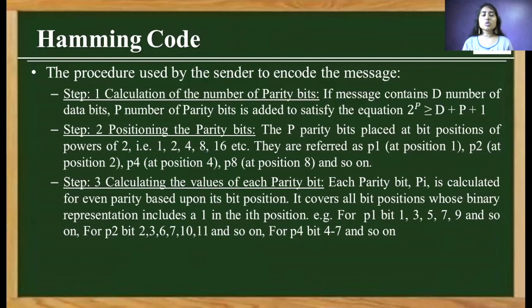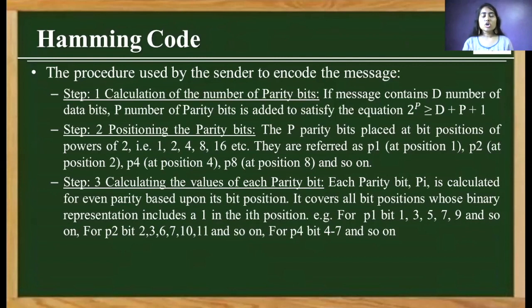So we have to calculate the value of p which satisfies this equation. After calculating how many parity bits are required for error correction, we have to decide where to locate these parity bits in a message such that the receiver can correct errors by recalculating them. The parity bits are placed at positions that are powers of 2.